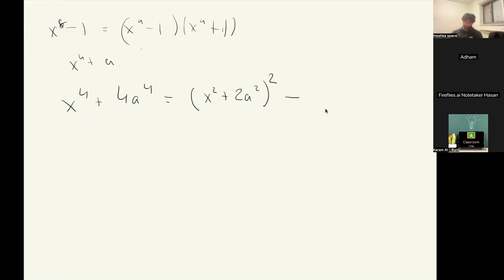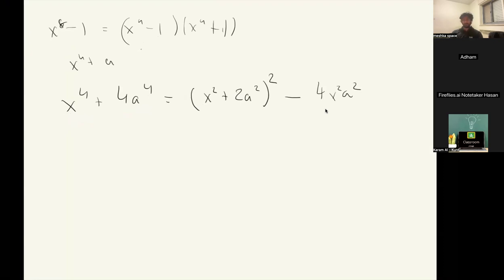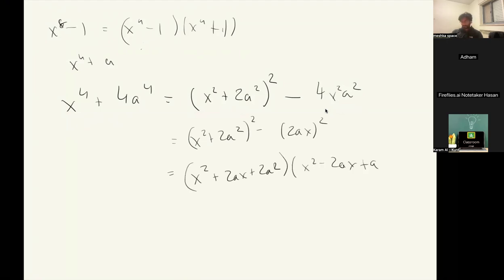And what's left over is 4 times x squared a squared. And the point is, this is a difference of squares. So it factors: this is equal to x squared plus 2a squared, squared, minus 2ax squared. So this is equal to x squared plus 2ax plus 2a squared times x squared minus 2ax plus 2a squared.